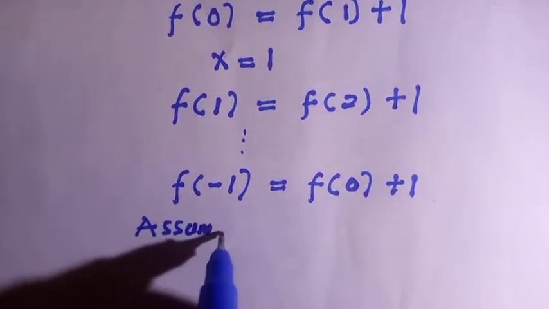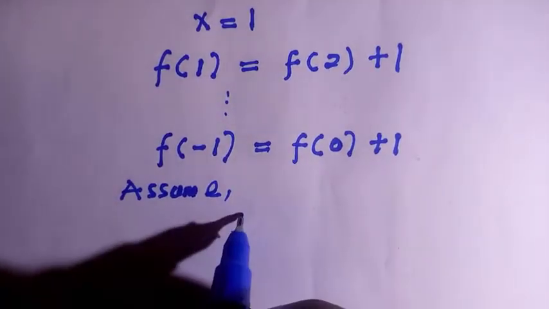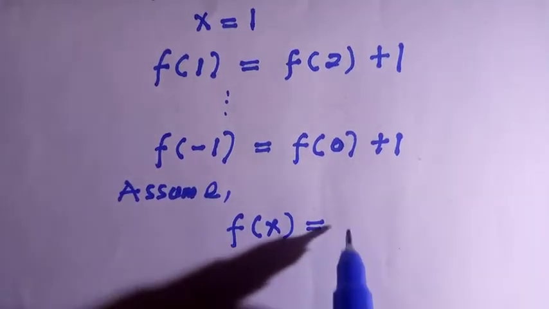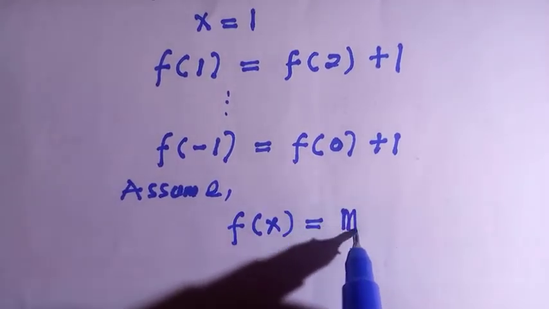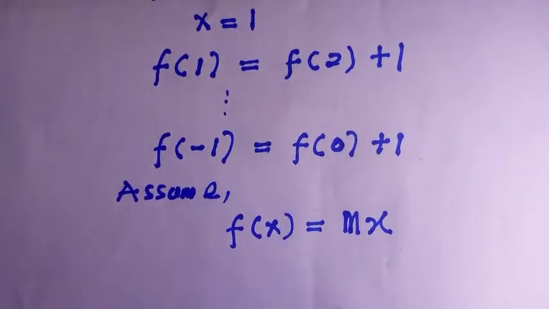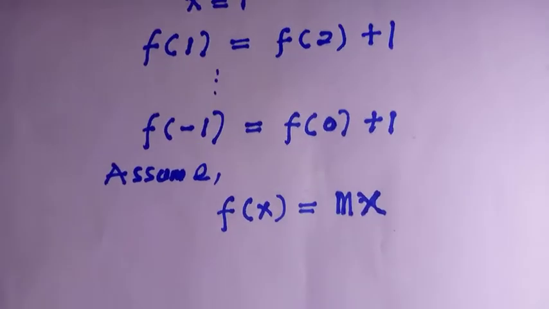So this is what led to this assumption. I assume that if I let f of x equal a constant multiple, suppose I choose mx, that is, we define f of x based on m.